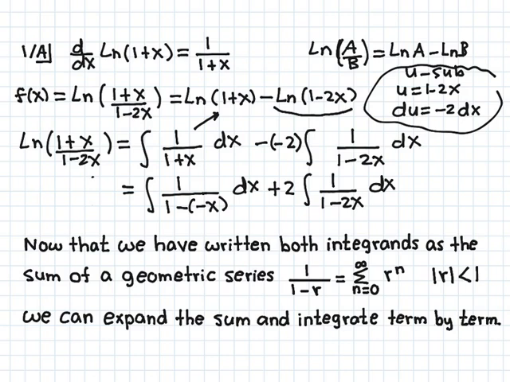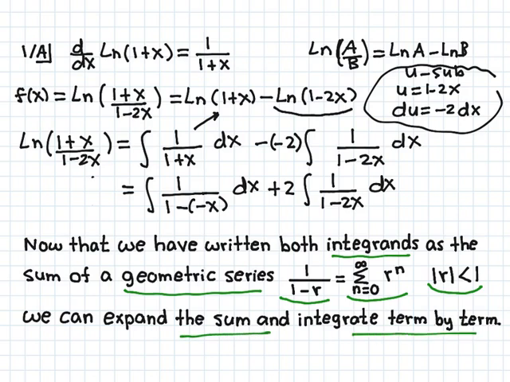So now that we have written both integrands as the sum of a geometric series, 1 over 1 minus r is equal to the summation n equals 0 to infinity of r to the power of n, and the radius of convergence is 1 for a geometric series, so absolute value of r less than 1. We can expand this sum and integrate term by term to get the power series representation of this function.